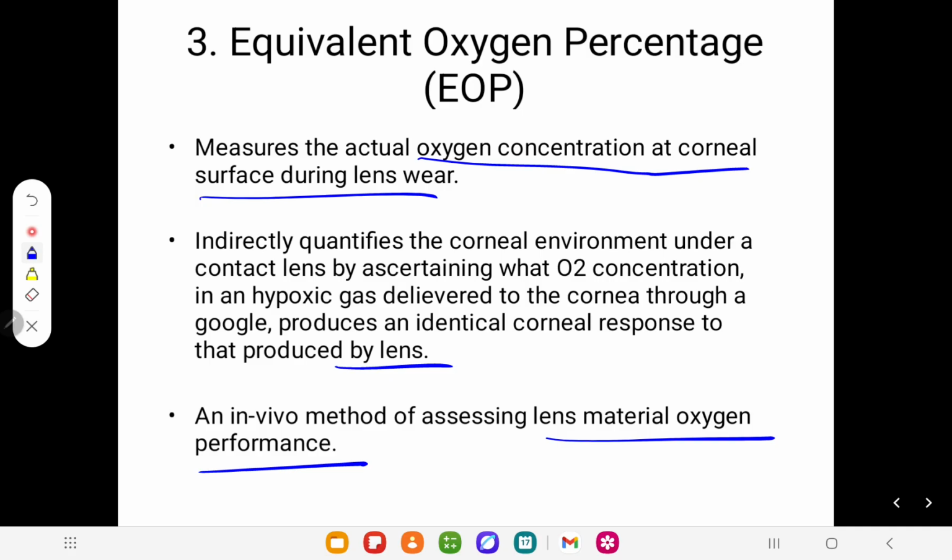So EOP is also one of the methods, and it will correlate with Dk and Dk/t, but it is another method by which we indicate whether that contact lens is good or not.